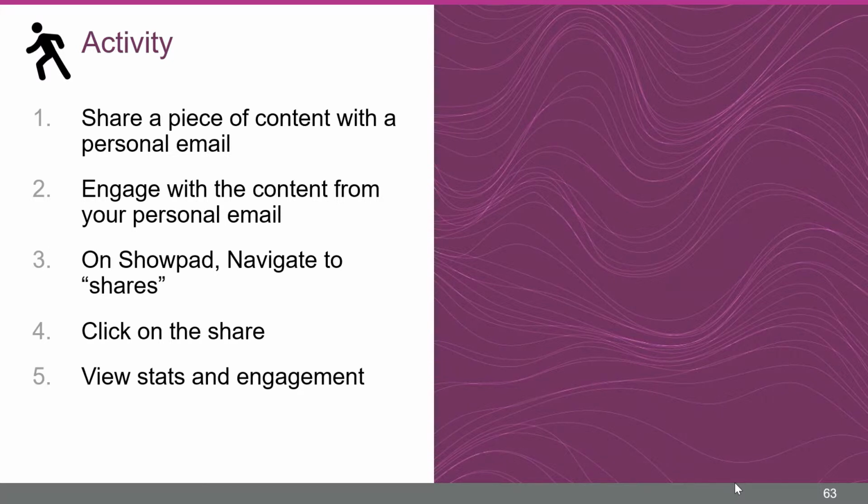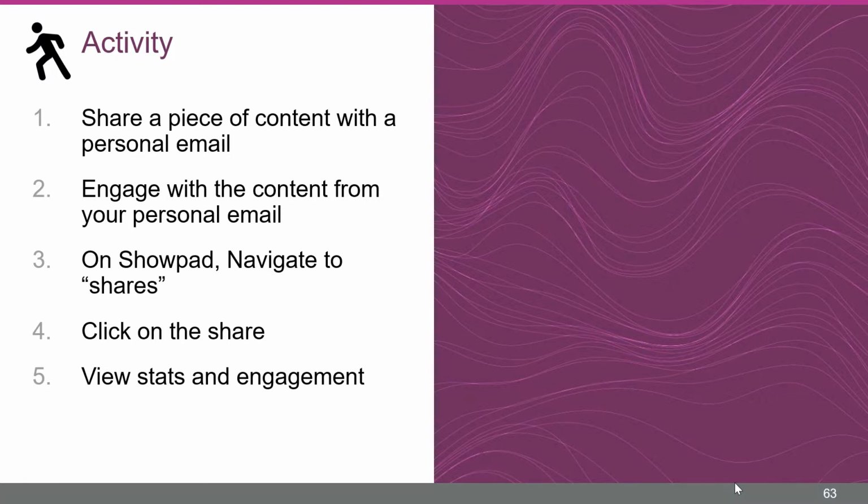First off, I want you to share a piece of content with a personal email. So you're going to send anything that's on the app to one of your own personal email addresses. Next, log into that email and engage with the content.